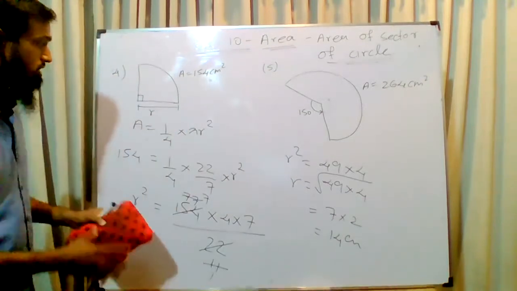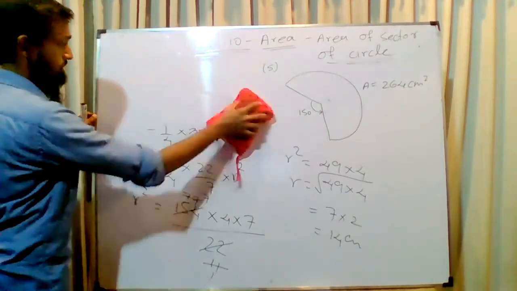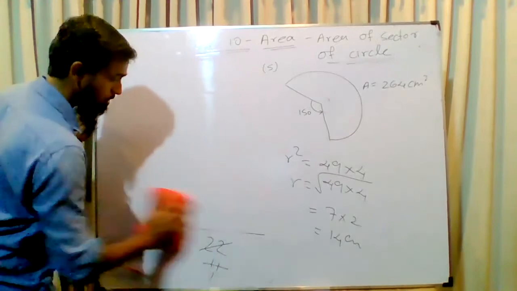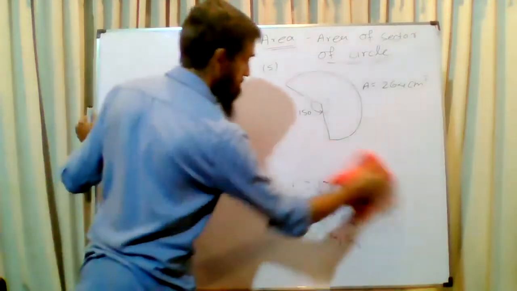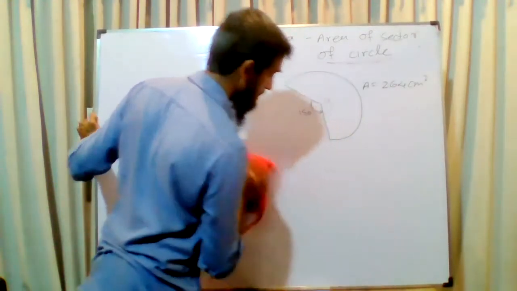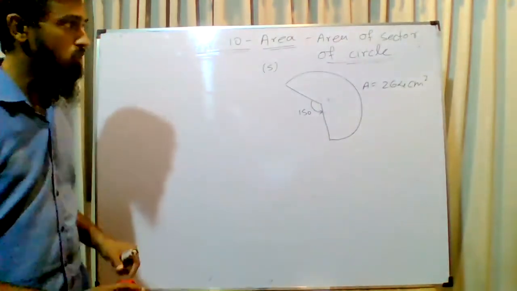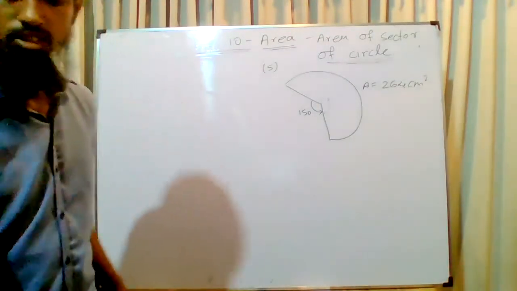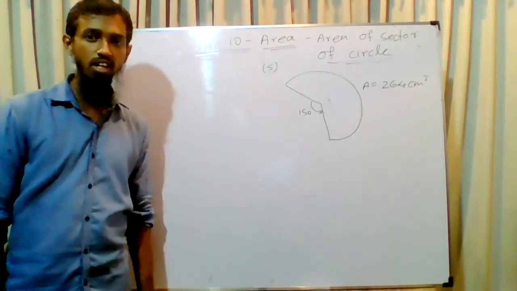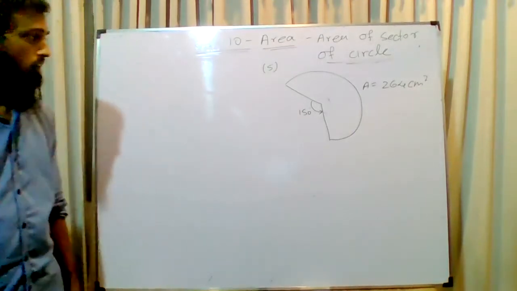So we are going for the fifth one. So write the question for the fifth one, figure. Area of the given sector is 264 square centimeter. Find the radius of the sector. Okay.